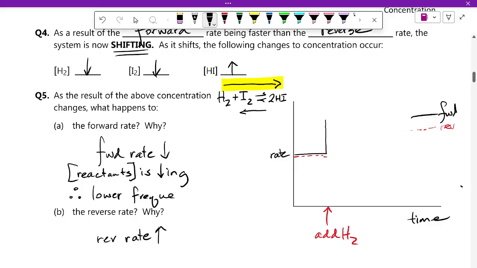If you say less collision, that's fine too. Frequency. Why does the reverse rate increase? Concentration of the products is increasing. Therefore, more collisions.